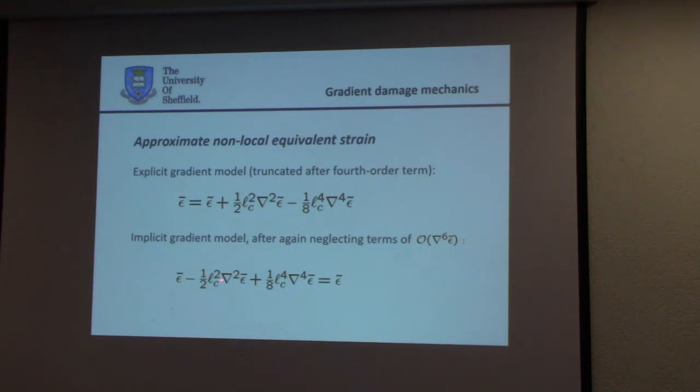So we get the Laplacian and the fourth derivative on the left-hand side rather than on the epsilon tilde. So epsilon bar is our unknown, is our global variable, and epsilon tilde is our local variable. Now, this is much nicer than this, and that seems strange. But I will explain.